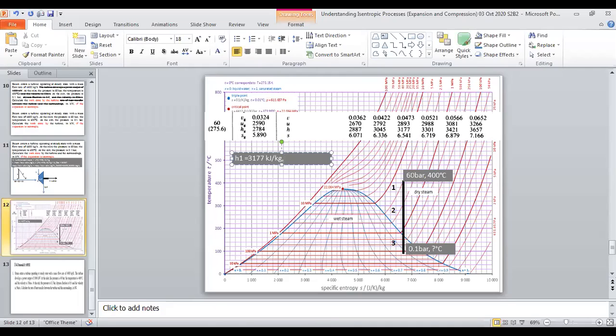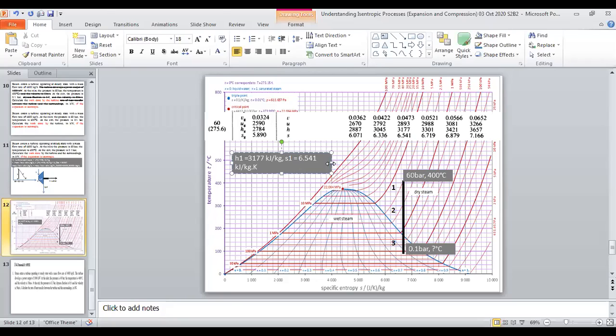You have to get S1 as well. The reason is isentropic expansion. You should know the entropy value at the beginning. So your S1 is 6.541. What's the unit? Kilojoule per kilogram per Kelvin.